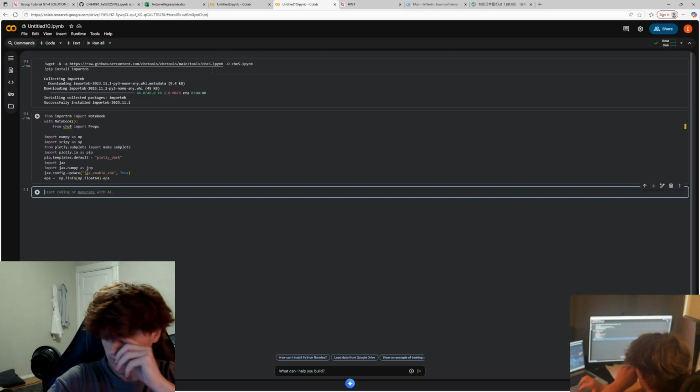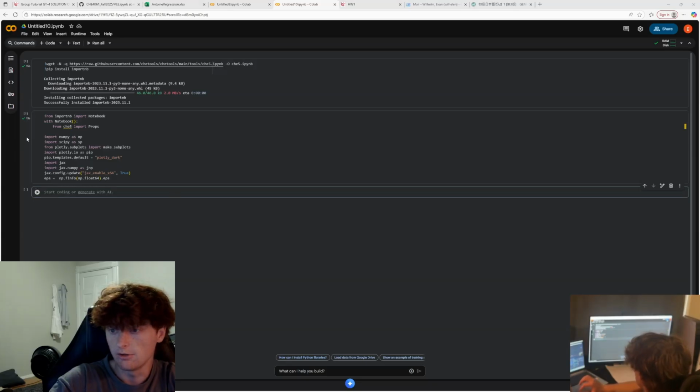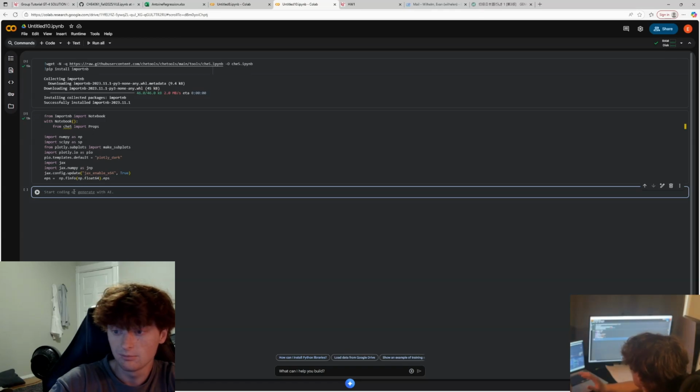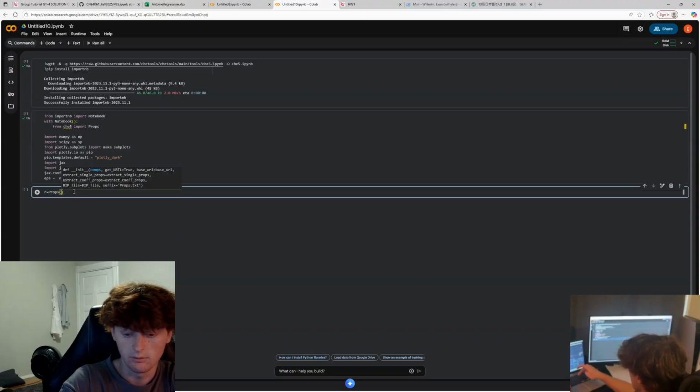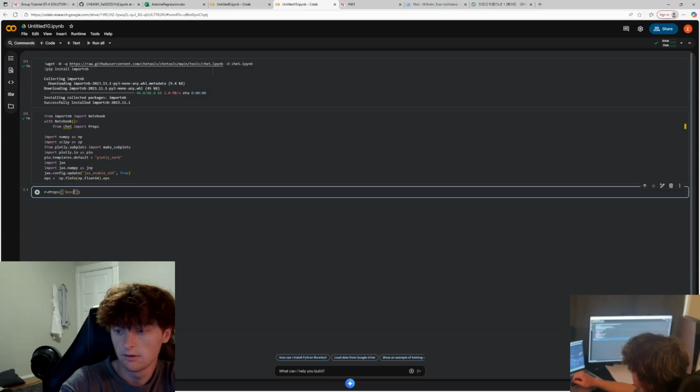Okay, so to start out with, we're going to use our props right here that we imported in to import our data for our benzene and toluene. So we'll name that as R equals props, and then we'll want an array, benzene, and then toluene.